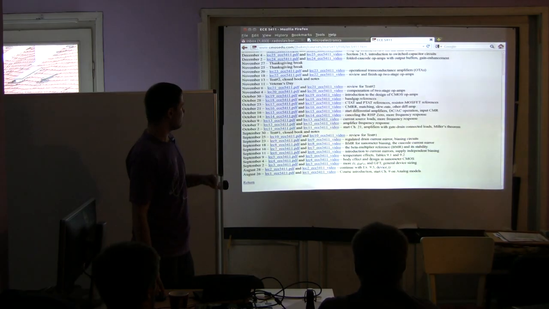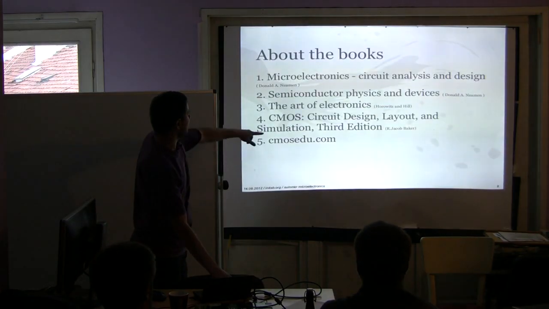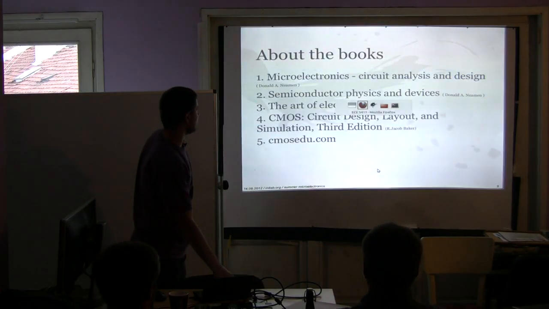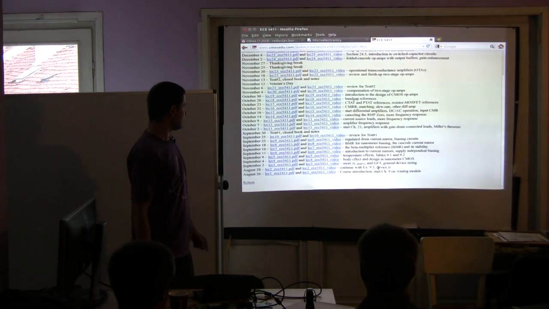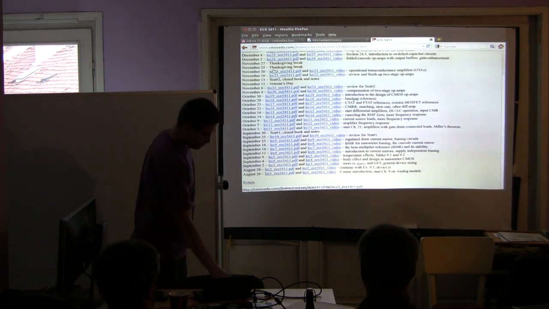This is from this book which I have told you previously, CMOS Circuit Design, Layout, and Simulation, 3rd edition. He's explaining the things very well with examples and so on.